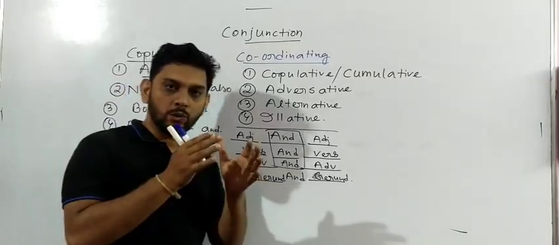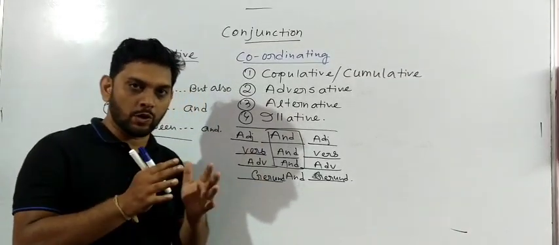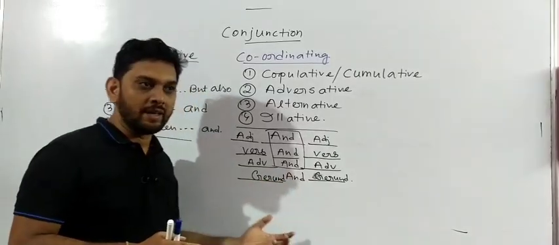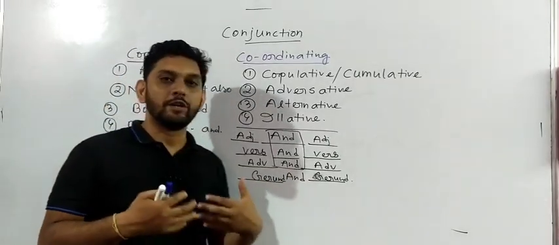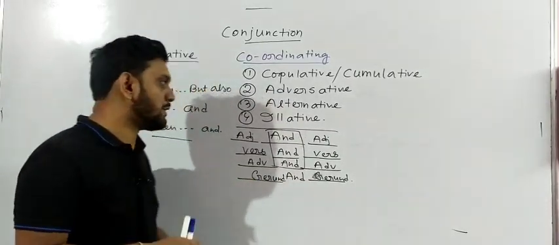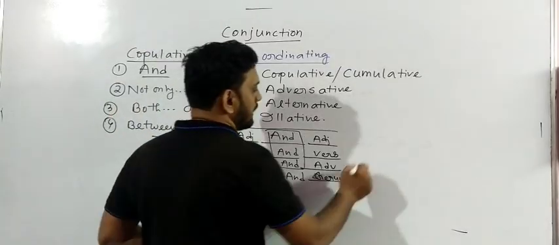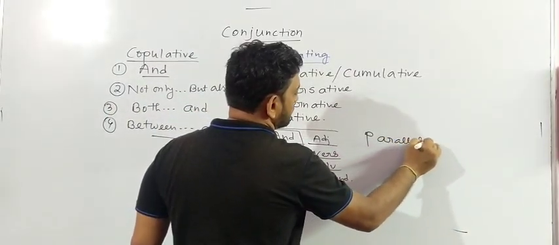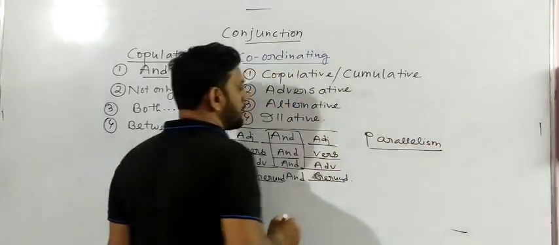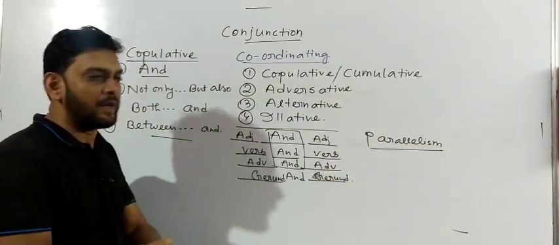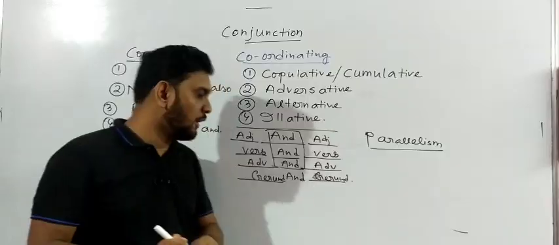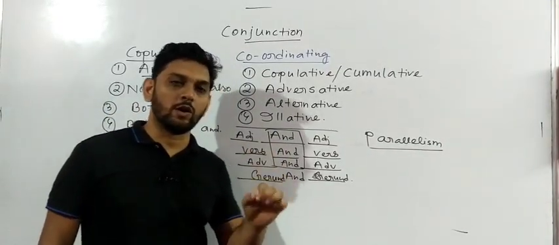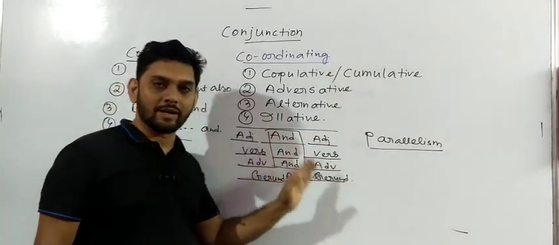And for words, for phrases and for clauses, the function should be the same. That means here we need to understand a word which is known as parallelism. We should maintain parallelism. Parallelism means we have to use the order of all the words correctly.